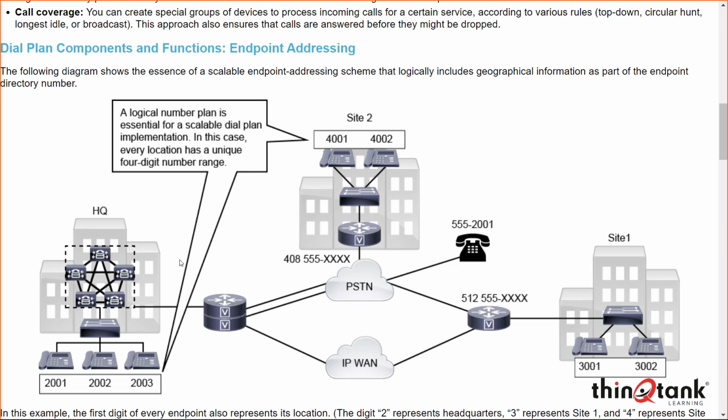But we don't have any issues in this particular case because we don't have any overlapping extensions, right? The headquarters location is the 2000 extensions, site 2 is the 4000 extensions, site 1 is the 3000 extensions, and we don't even have to worry about dialing any kind of site codes or creating some sort of distinguisher that identifies the different sites uniquely because we don't have an overlapping extension plan.